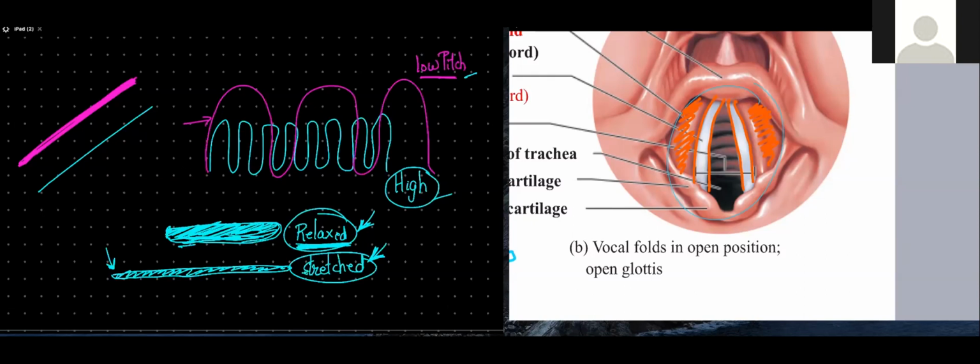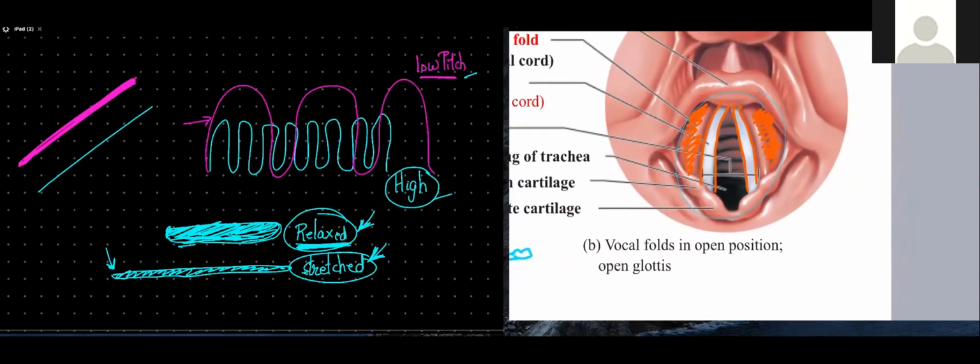And that's why some singers, because they keep stretching their vocal cords, can get an inflammation that heals by the formation of a nodule, right? Singer's nodule, which is due to the inflammation of the stretched vocal cords.